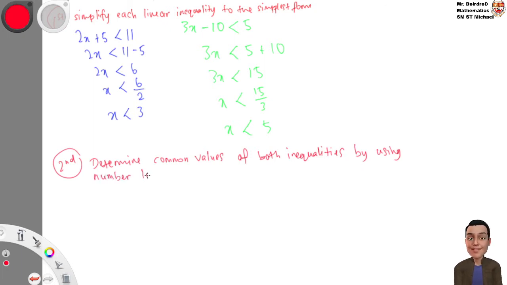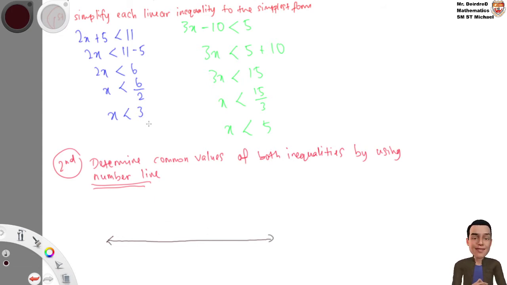So number line, you have learned it before. Given a range, over here we look at each inequality that you have simplified before.